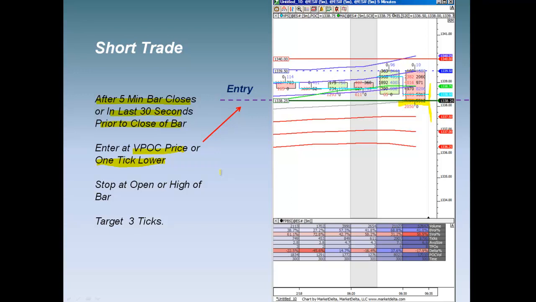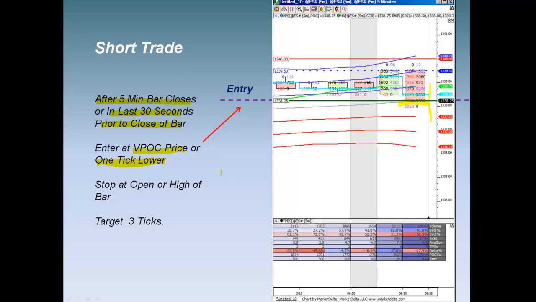So you want to avoid that, and that's why you want to wait either until the bar closes, so you've confirmed that what you've seen is in fact the reality of the bar, or the last 30 seconds, because then there really isn't a whole lot of time for manipulation.